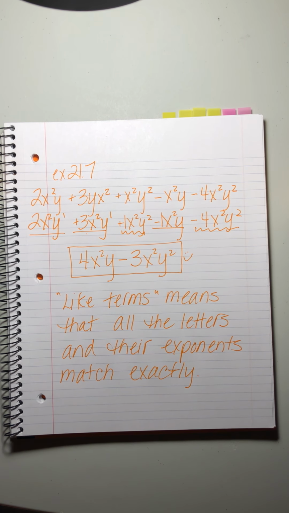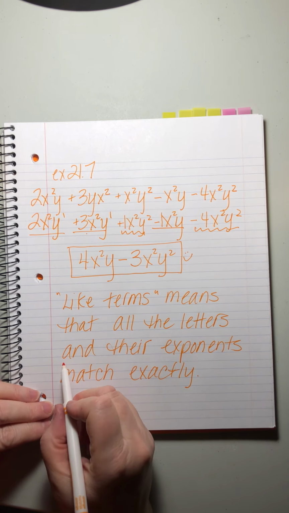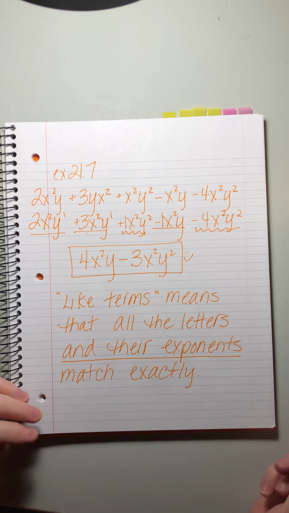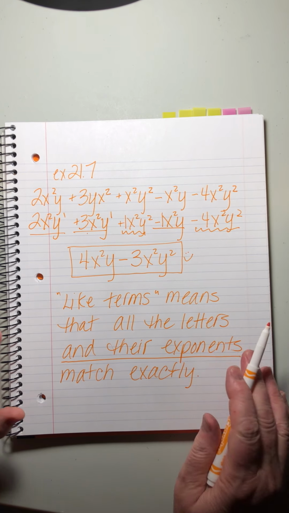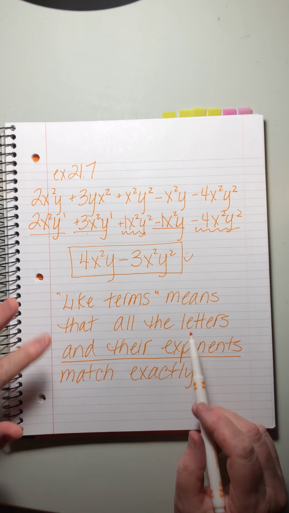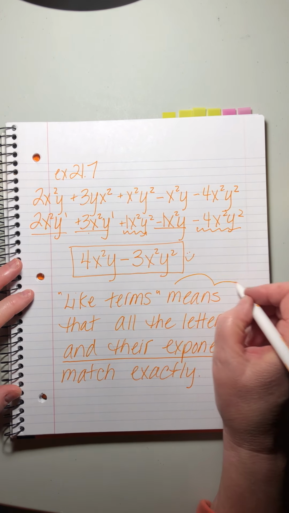Like terms means that all the letters and their exponents, this is the new part, match exactly. Before, we didn't really throw exponents on top of our letters, so we just were worrying about making the letters match. Now it's letters and their exponents.